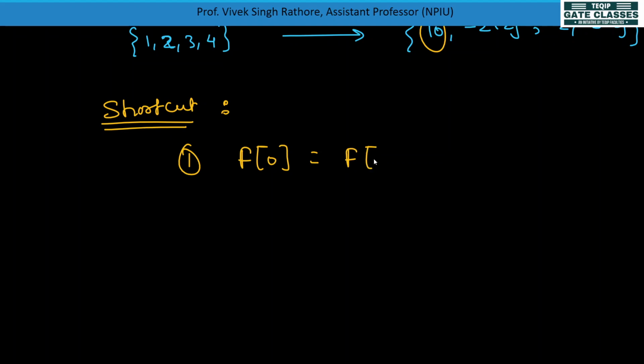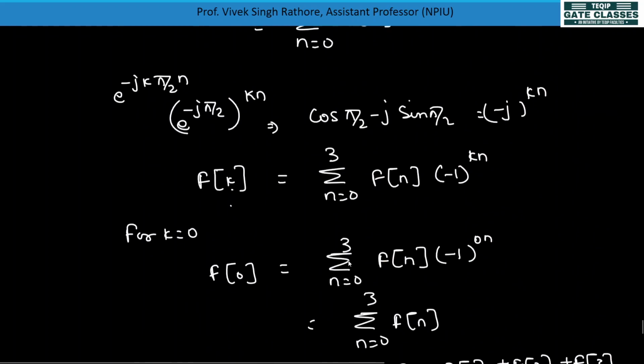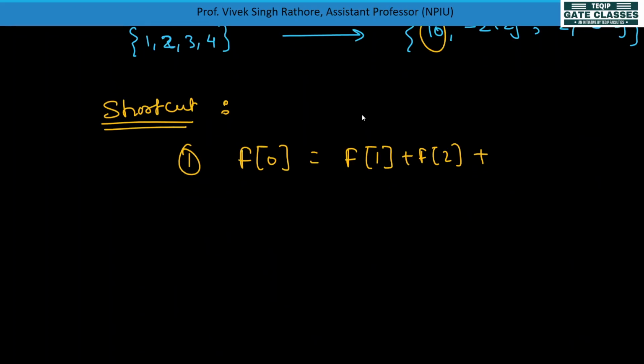So in the time domain, we will take f of 0, f of 1, f of 2, f of 3. Don't get confused, sir, f of 0 is there, can we cross it? Arey bhai, what are you telling? This is in the frequency domain.